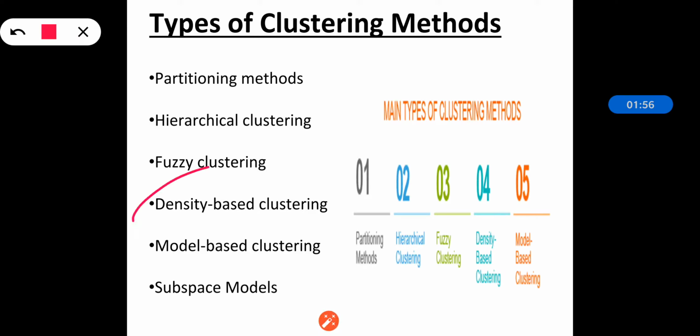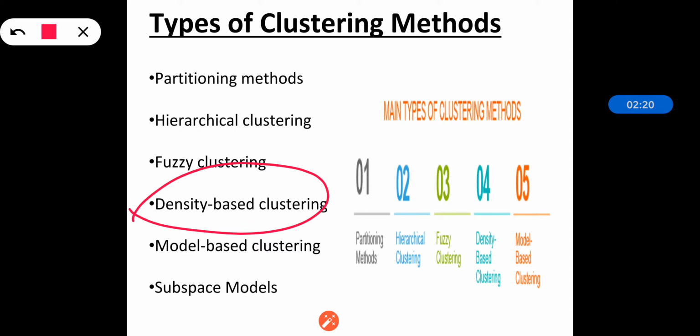Then the next one is density based clustering. Density based clustering comes under the unsupervised learning methods. It identifies the distinctive, unique groups in the data, and based on that idea the cluster is formed by using high point density.